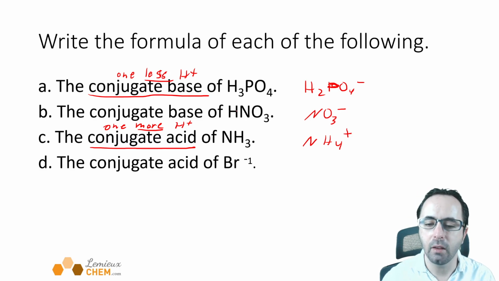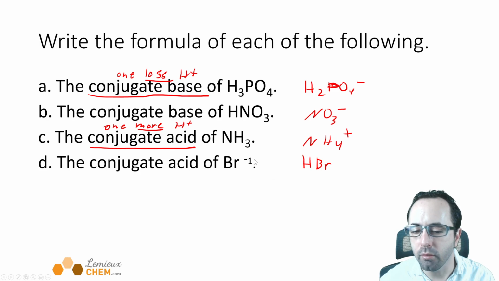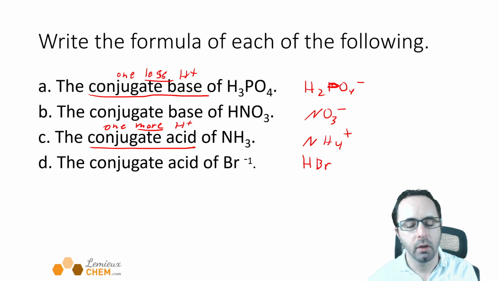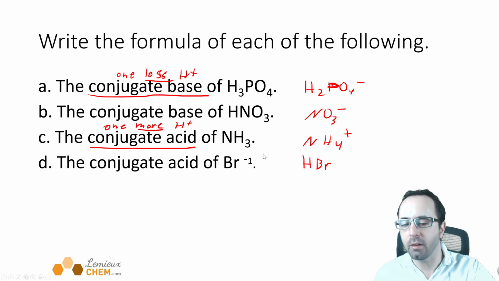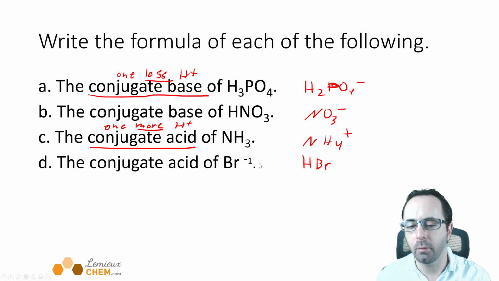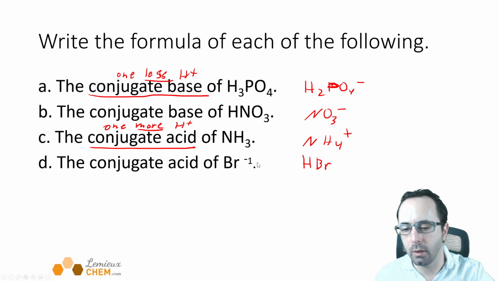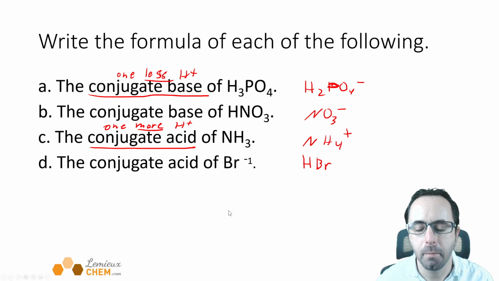Again, the conjugate acid has 1 more H+. So there's going to be an H here on the Br, and the charge will go up by 1 unit from -1 up to 0. So we don't write the charge 0. Don't forget about 0. 0 charge is a thing. A lot of the times my students will skip from -1 all the way up to +1, but that's 2 units higher, not 1. If you go 1 unit higher from -1, that's 0. Not +1, that would be jumping 2 units, right? So it's neutral HBr with no charge, so we don't write any charge there.